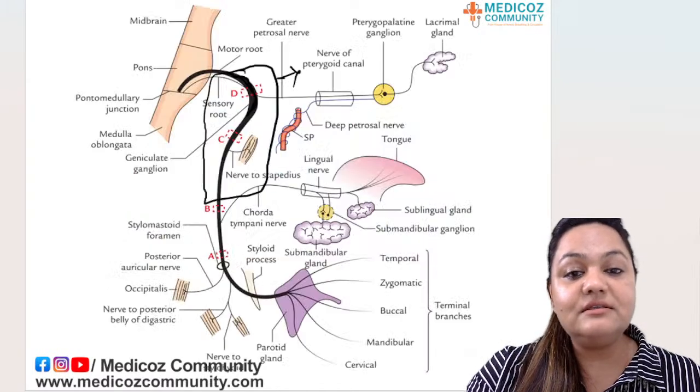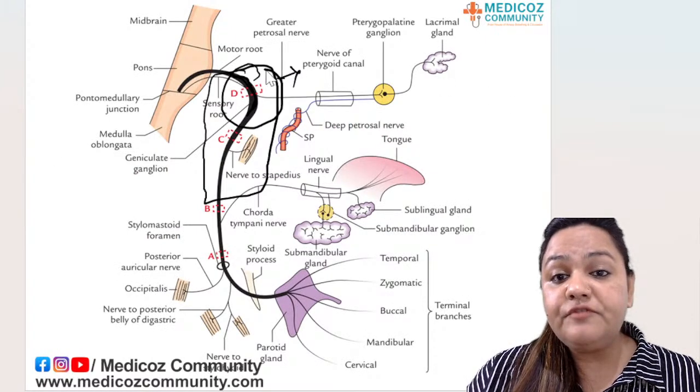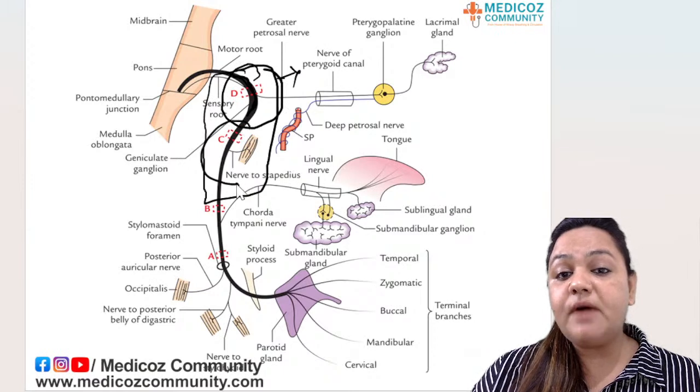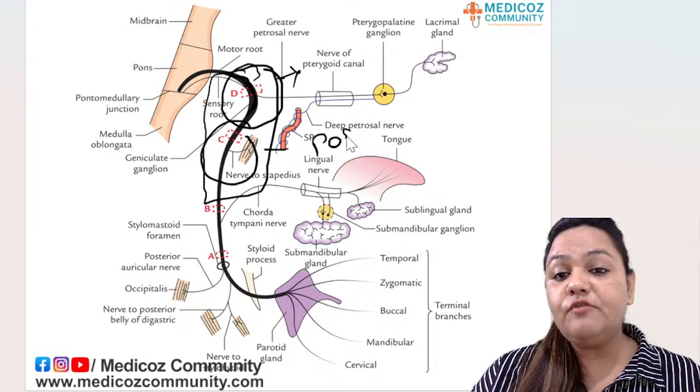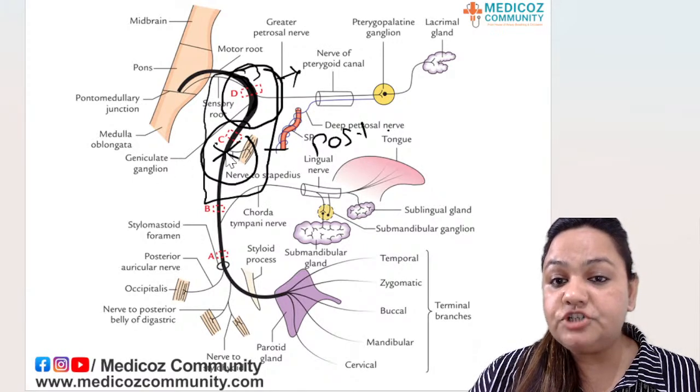Now you can see in this diagram here. This is the part of the facial nerve in the medial wall, and this is the part of the facial nerve in the posterior wall. So in our case, the facial nerve is damaged here in the posterior wall.